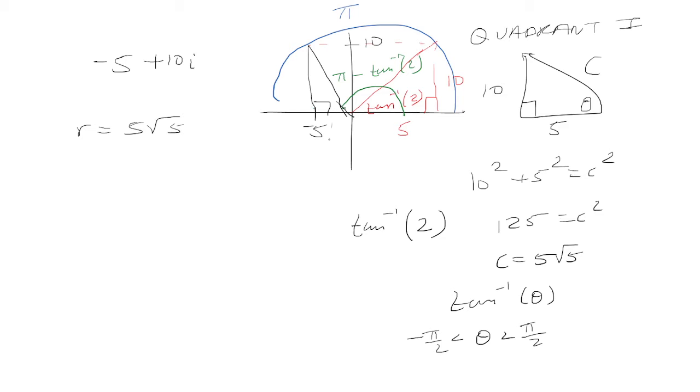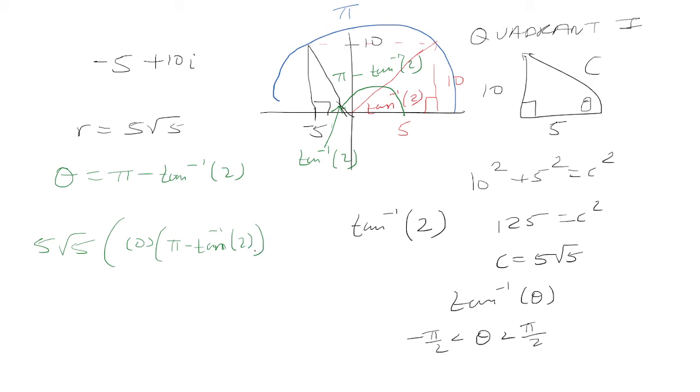And this part right here is inverse tangent of 2. So theta is pi minus inverse tangent of 2. So we have r times the quantity cosine theta, where theta is pi minus inverse tangent of 2, and then I sine theta, or I sine pi minus inverse tangent of 2.